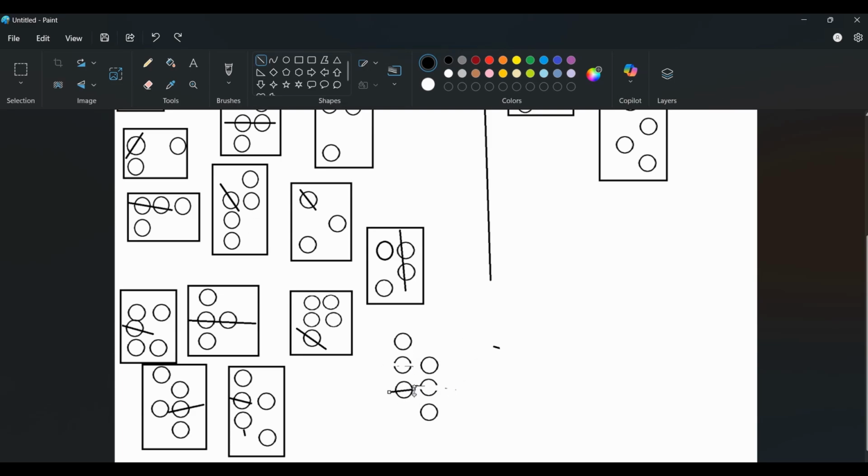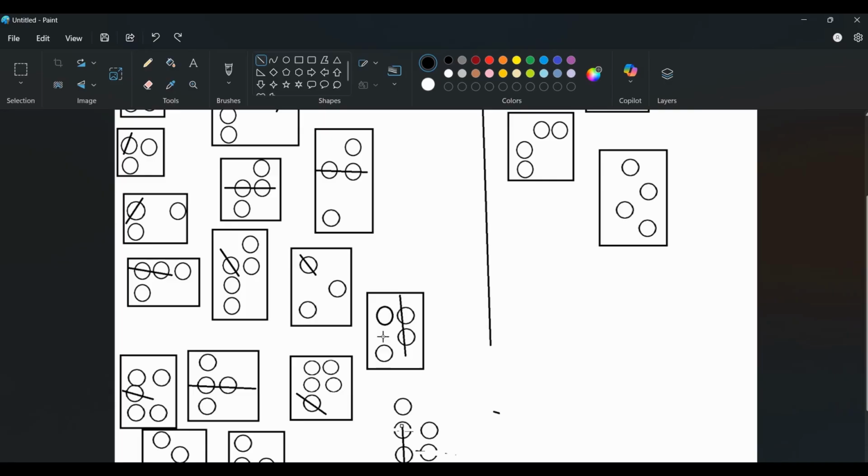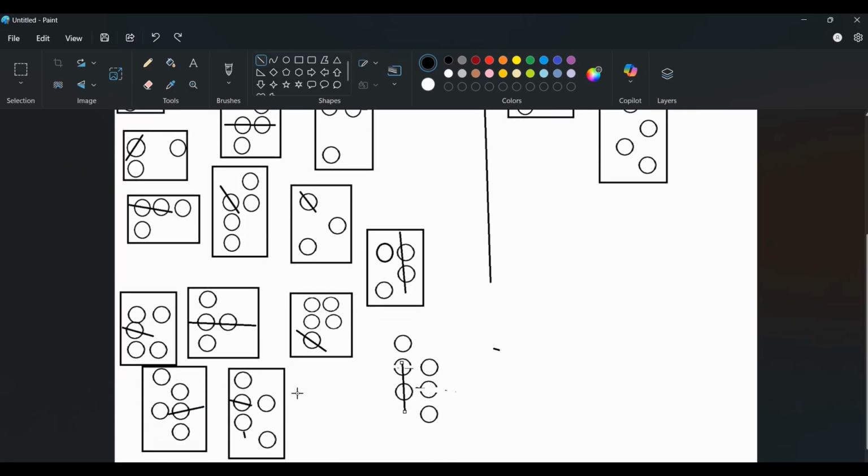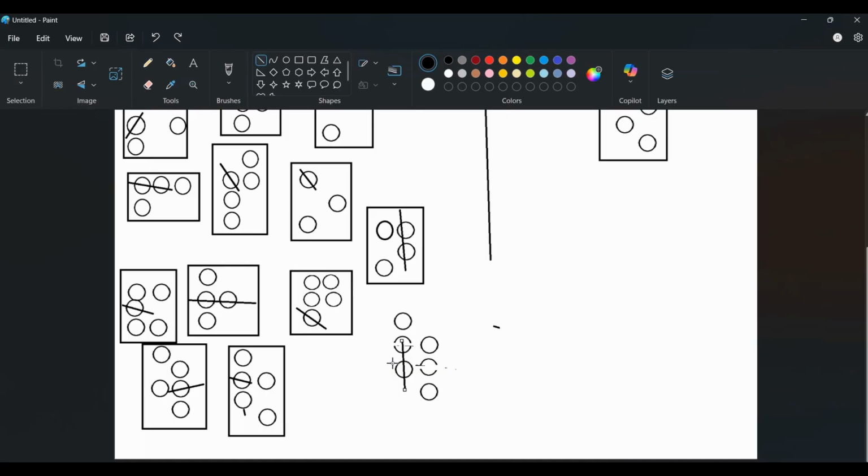This belongs to F. This belongs to F. So no matter what I play on this, this also belongs to F. Three and one. Do I have that? Three connected dots and one separated dot. No, I don't. So we should analyze this.